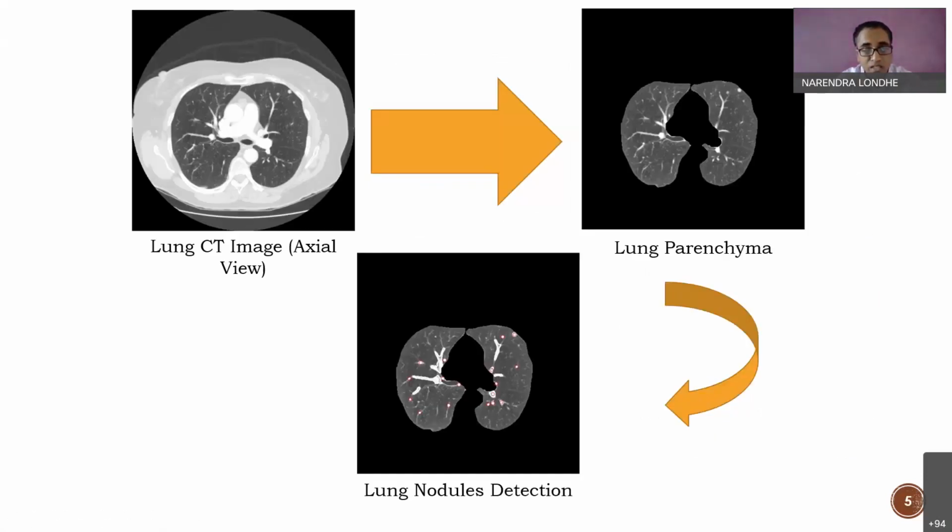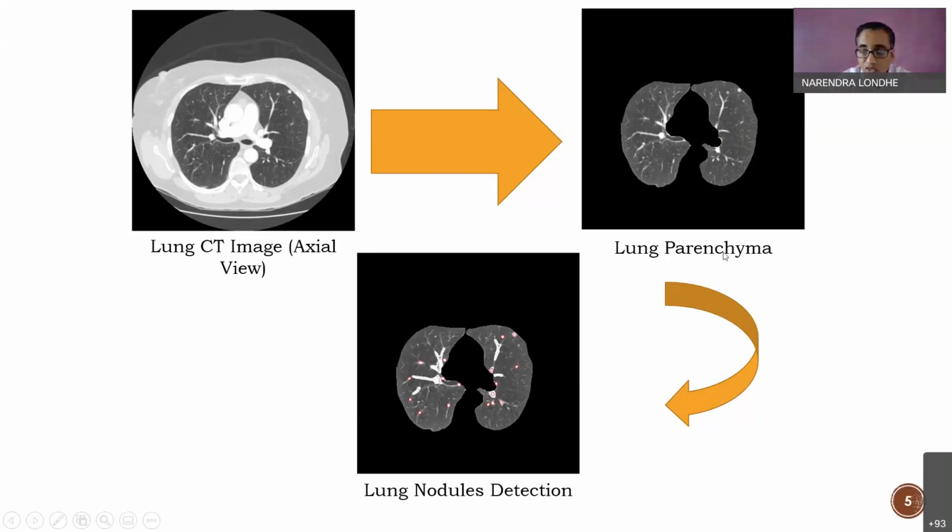This is another lung CT image, which has the lungs, and these lungs have been segmented. You can see the lungs have been separated out. This is medical image segmentation. This is also one of the challenges, where we have to segment the lungs from the CT images.